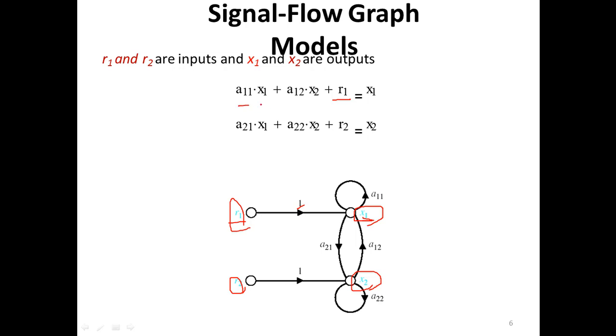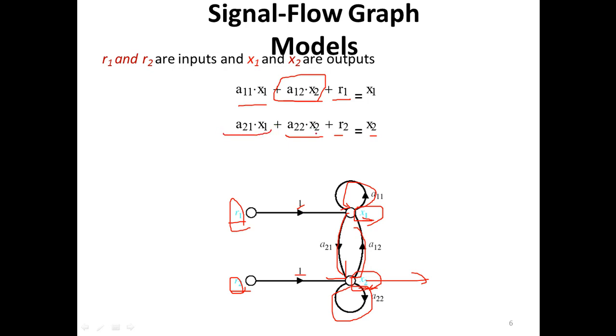A11 is multiplied by X1 by itself, you can see that this is a closed loop, and this A12 is multiplied with this X2. Similarly, X2 will be equal to R2 multiplied by 1, simply R2, then A22 multiplied by X2 itself, and A21 is multiplied with X1 and moved over here.